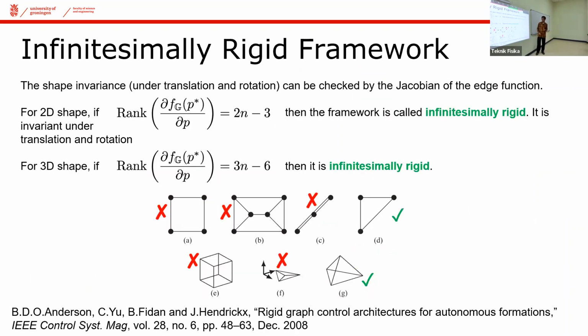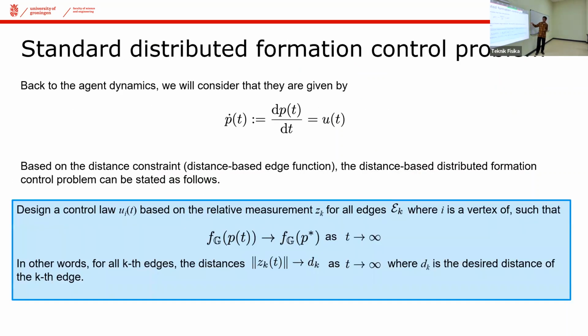So that's the problem. The problem is how can we design control input here such that when you evaluate the edge functions based on the current positions, it should go to the right prototype shape as the time goes to infinity.